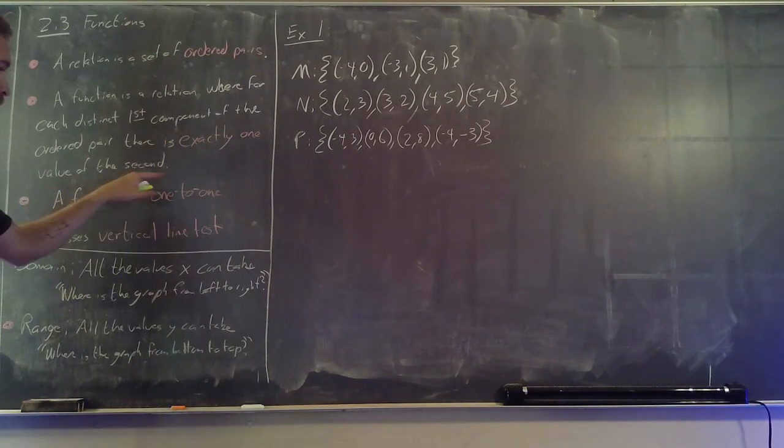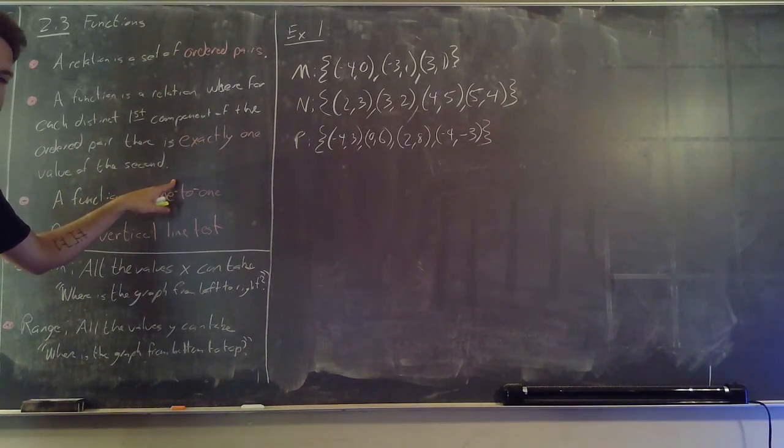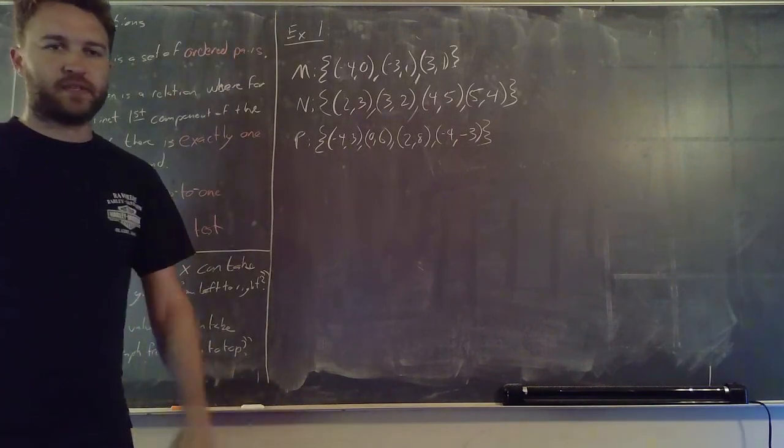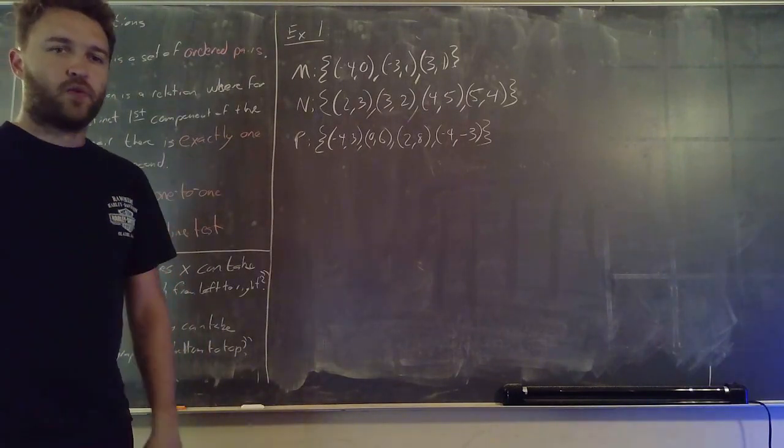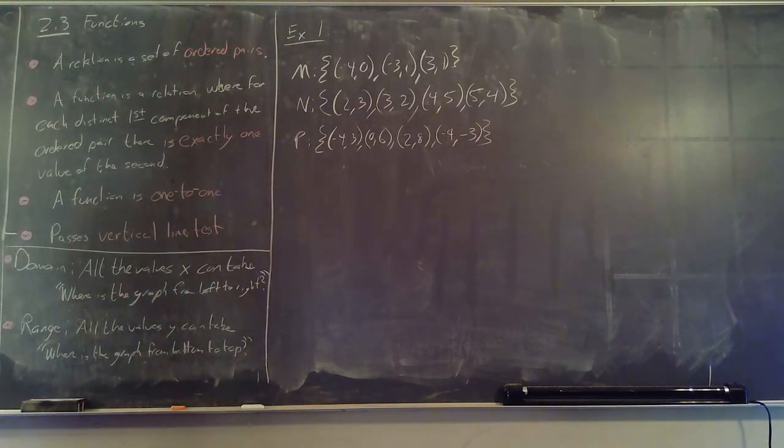A function is called one-to-one if it passes our vertical line test. And the vertical line test is effectively what we're using to test to see if a specific graph represents a function or not. There are two really, really big idea concepts in this section.